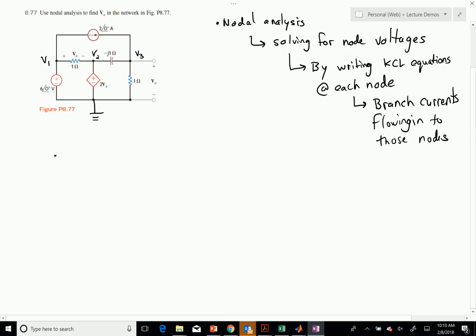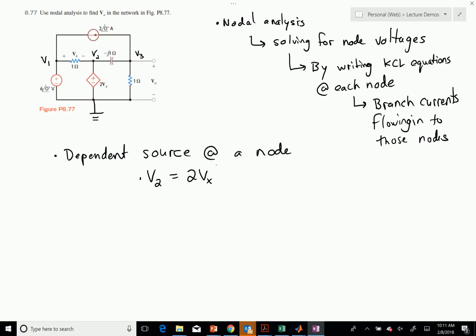Whenever I have a dependent source at a node, in other words one of my node voltages here, I'll skip ahead for a second, but basically V2 equals 2Vx.